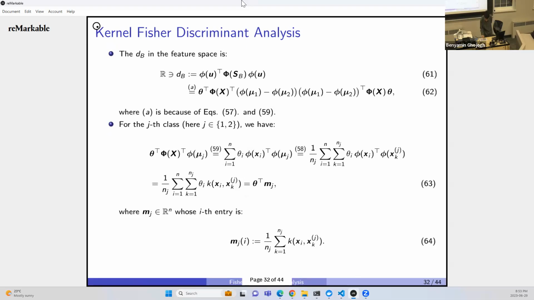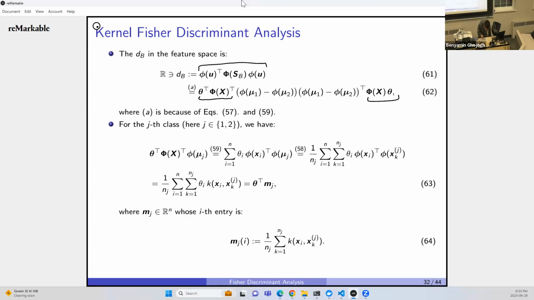So I have this. There is no phi x transpose phi x. Let's make it using representer theory. I replace phi U transpose with phi X theta transpose, and transpose changes the order, right? I also have it here.